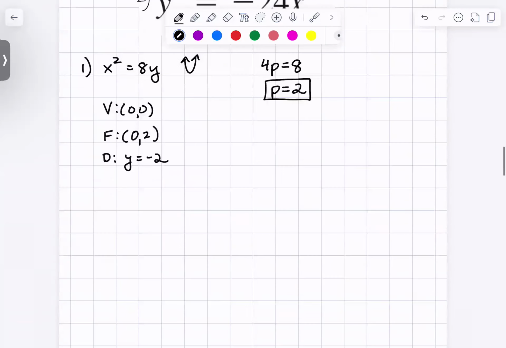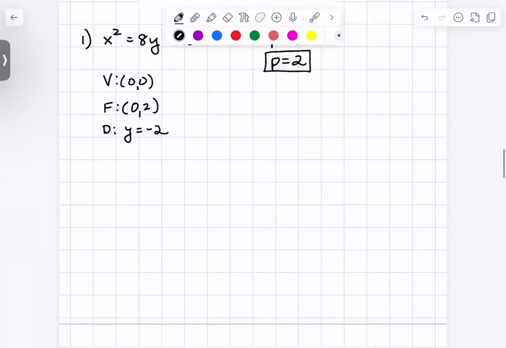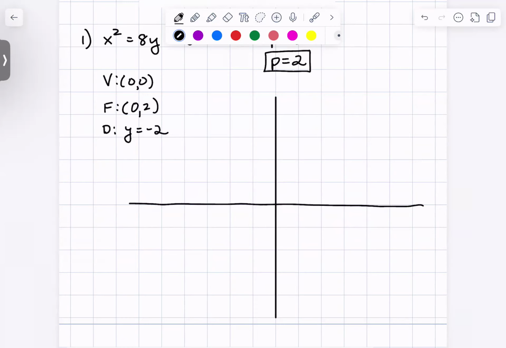So let's graph this. Okay, so then if we graph it here, you know your vertex is 0, 0. Focus is 0, 2.